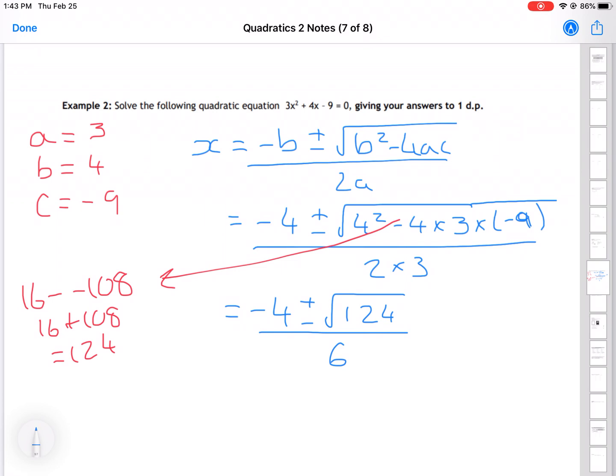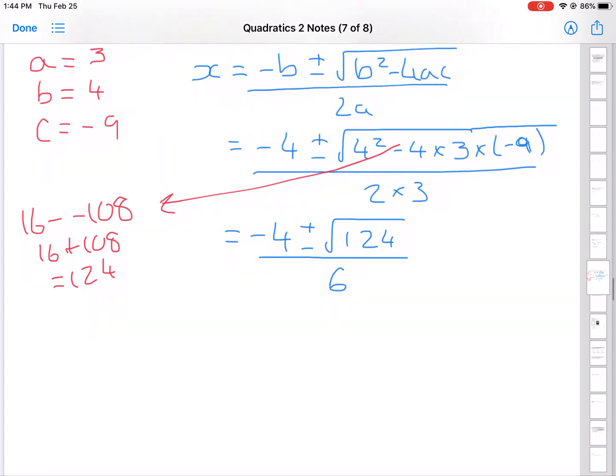Okay. Now, if we were to put this straight into the calculator, so 4 squared minus 4 times 3 times, and I put the negative 9 in brackets, I do get the number 124. So as long as you put brackets around your negatives, you should be able to get the 124, or the number that should be underneath the square root coming out at the end.